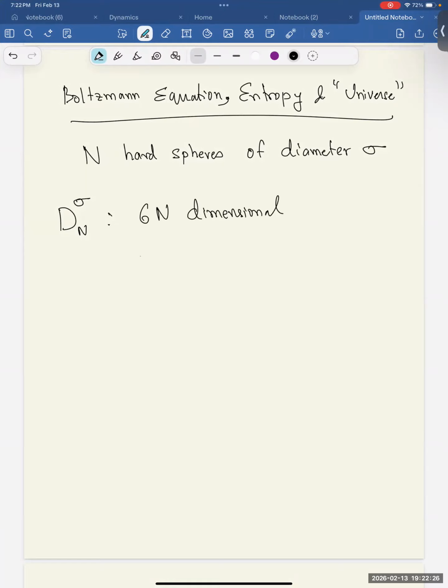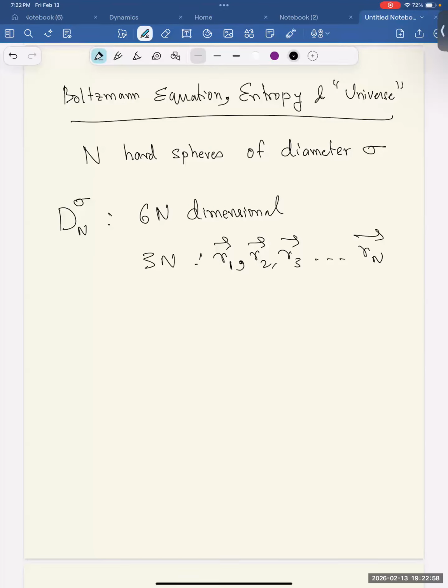And then we define this 6n-dimensional phase space basically corresponding to the centers of each of those n hard spheres, and centers have 3 dimensions each, so that's 3n dimensions. We have a 3n-dimensional space that contains R1, R2, R3, up to Rn, which are basically the centers of each of those spheres.